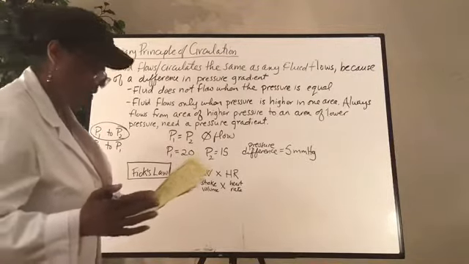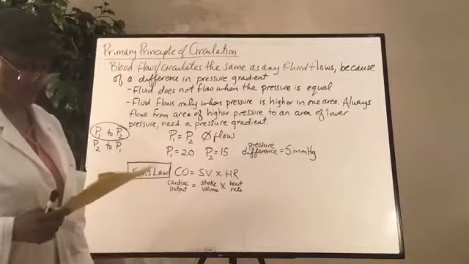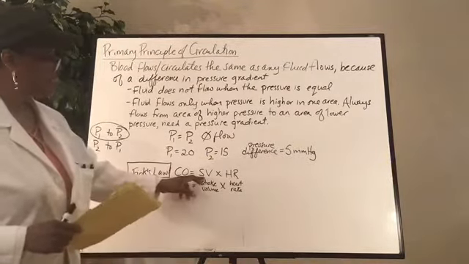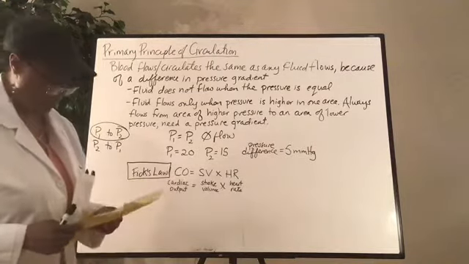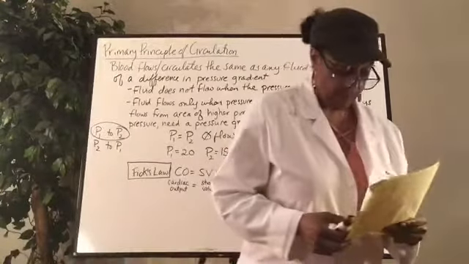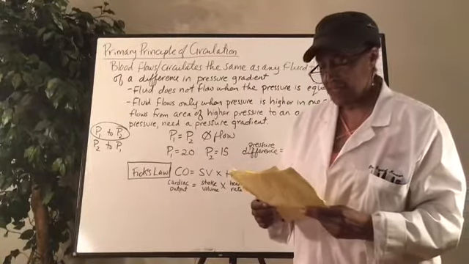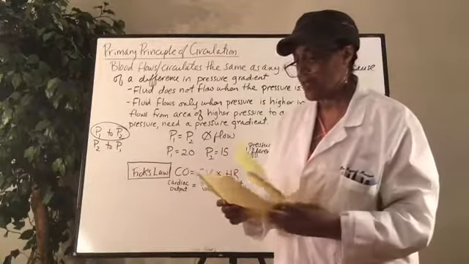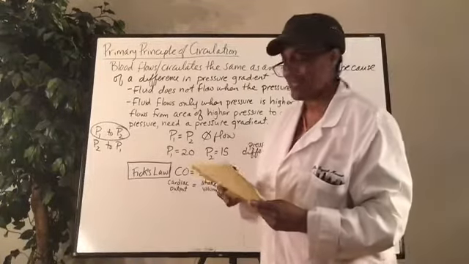In general, if you increase your stroke volume or increase your heart rate, cardiac output is going to increase, and vice versa. Decrease the stroke volume or decrease the heart rate, cardiac output is going to decrease. So that is really the gist of the primary principle of circulation.